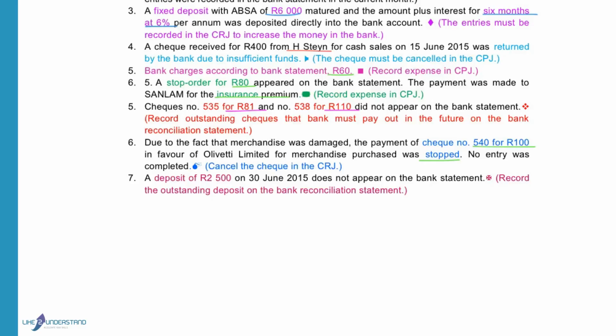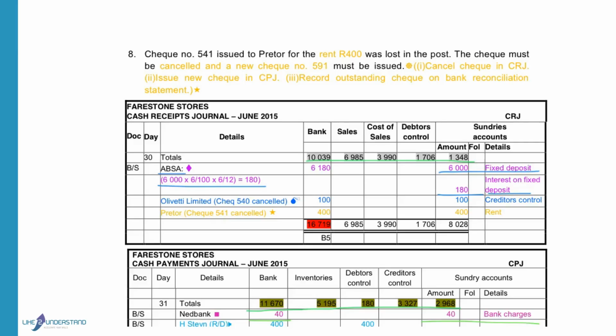Therefore, we will cancel the check in the cash receipts journal. And in the cash receipts journal, we will show that this check was cancelled for 100 Rand and we owe this 100 Rand to the creditor, that we will have to sort out with them whether we're going to pay it in the future, whether they're going to deliver other stock to us, or whether we will get a discount from them.